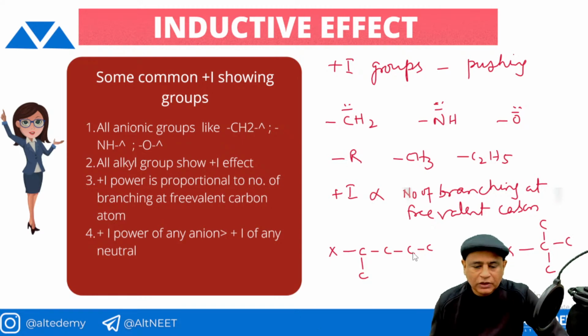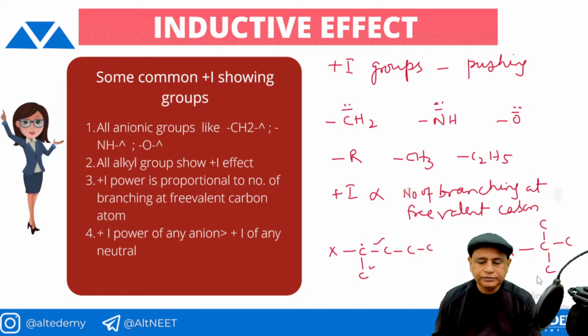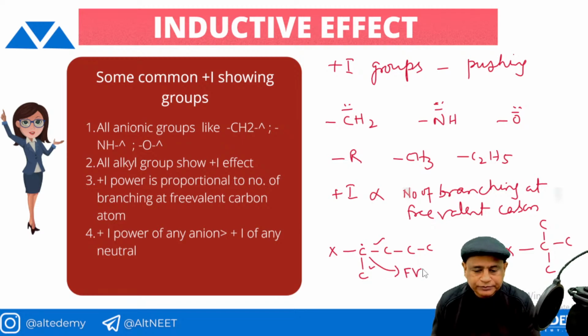Just compare. This is an organic compound having 5 carbon and there is an X. Let us suppose X is a halogen attached here. So this particular carbon has one branch here. This carbon will be called a free valent carbon. Remember it, free valent carbon. Here this carbon is a free valent carbon. On this free valent carbon, there are 3 species attached. On this free valent carbon, there are 2 species attached.